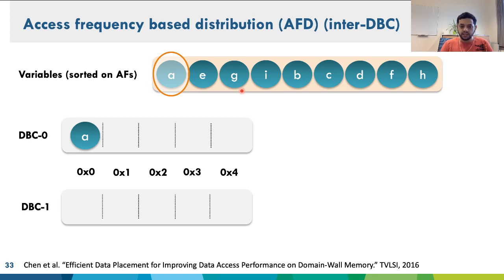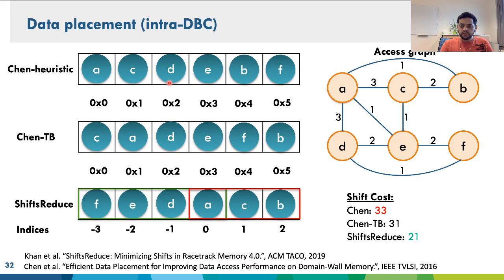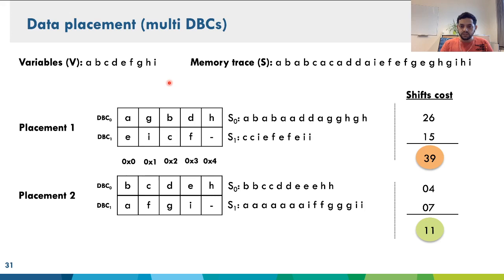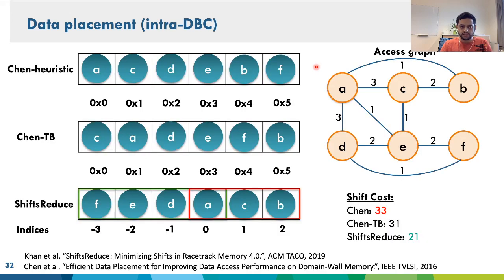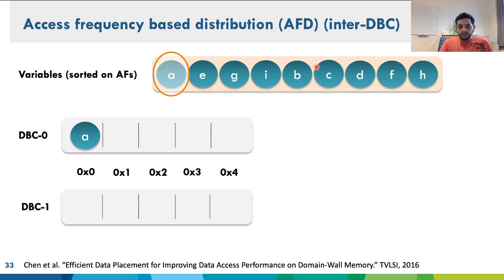For instance, A is accessed the most in this trace compared to all other variables. How exactly, we can see in the next slide. The second most accessed variable is E.